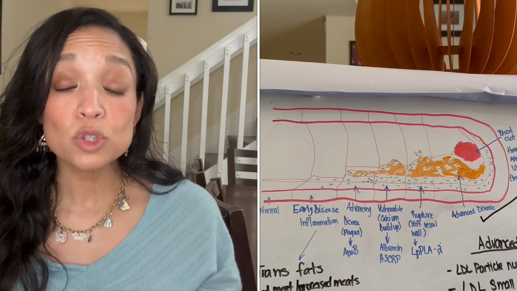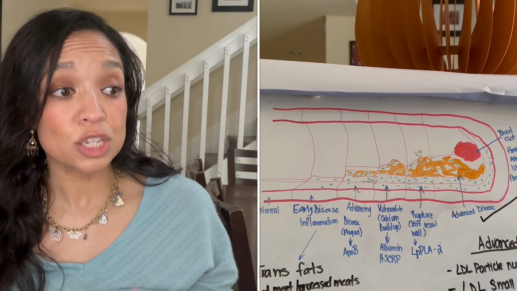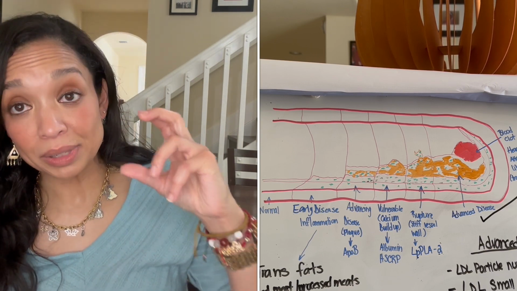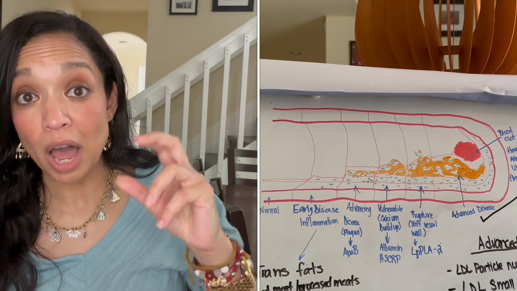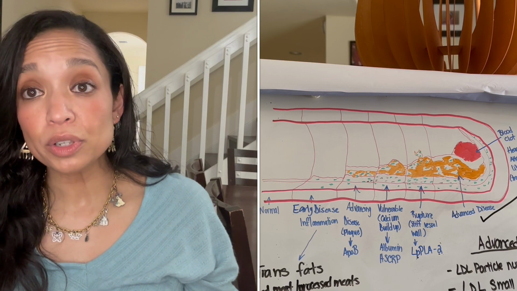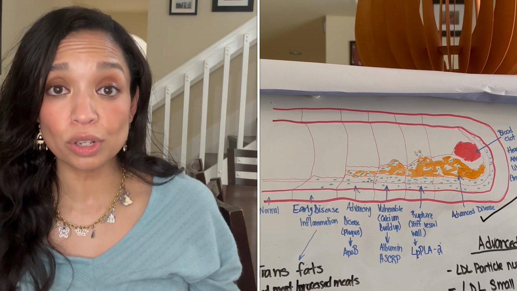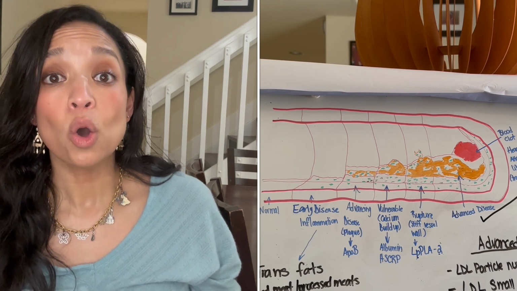The last phase, which is basically the most advanced component to the disease state, is for it to be now completely or extremely blocked or occluded. And essentially at that point, we can see the buildup of blood clots in that area. And this is where you are particularly vulnerable for a heart attack or a stroke.